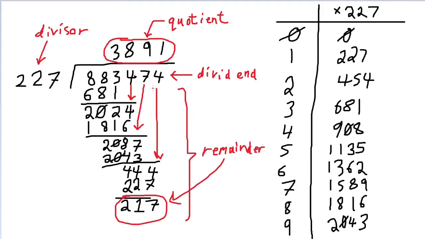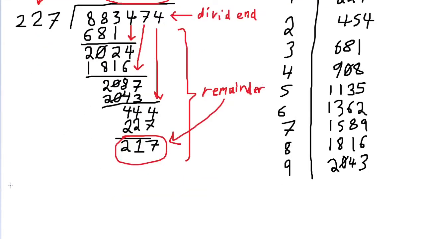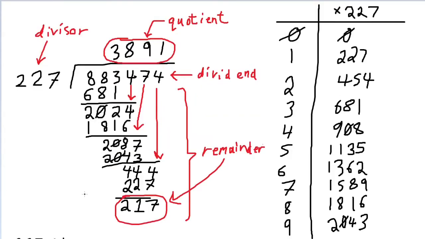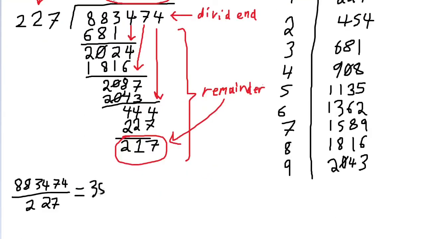So we can say that the result of the division, 883,474 divided by 227 is equal to 3,891 remainder, and I will write R for remainder here, 217. So this should be the correct answer.